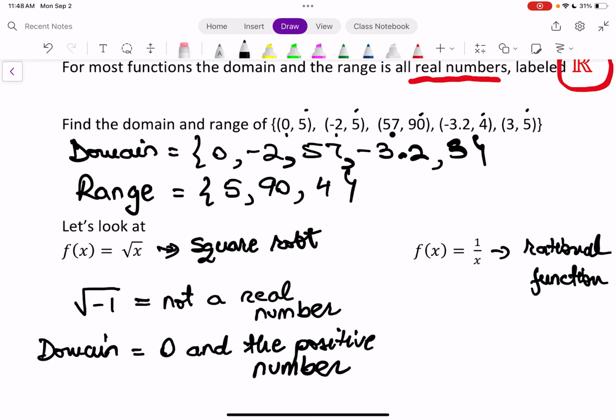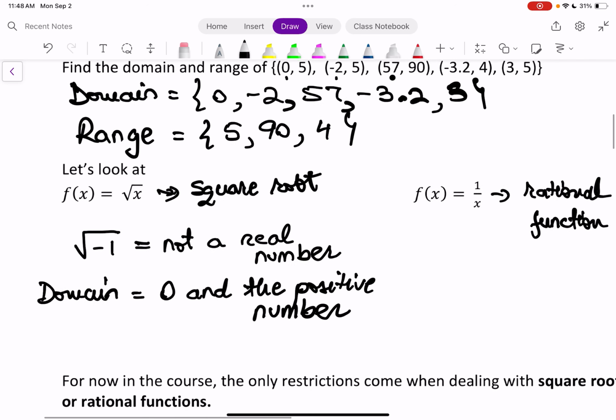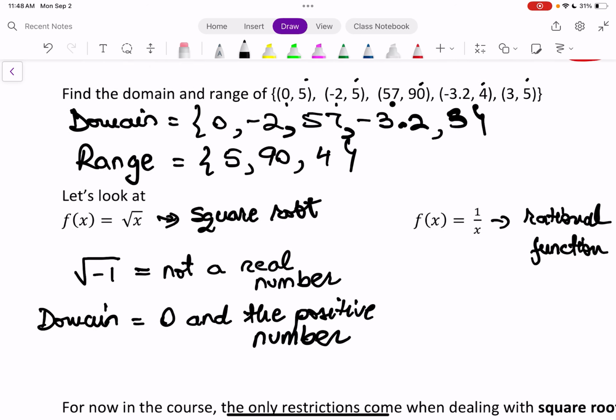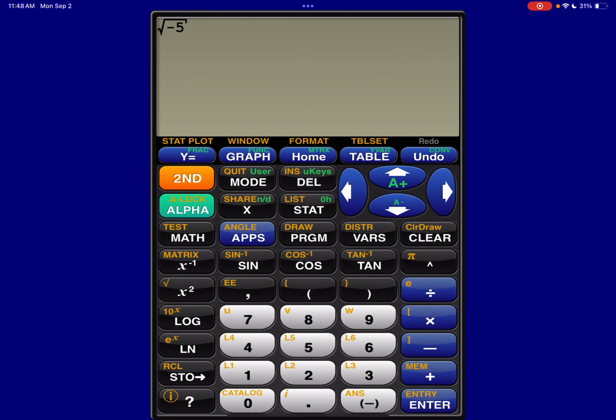By the way, you can't put in the square root of 0. Actually, the square root of 0 does exist, because the square root of 0 means: what number multiplied by itself is equal to 0? Well, the number that multiplied by itself equals 0 is 0, right?